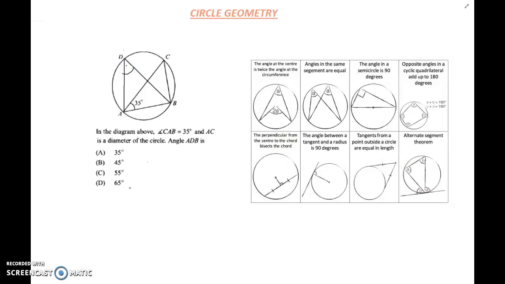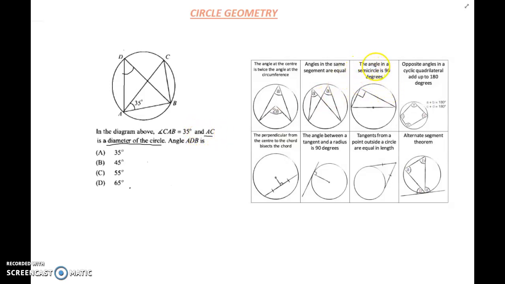Now, a very important thing that we should highlight from the statement that was given to us is that the diameter of the circle is AC. Once you hear that they give you the diameter, something must click in your head. What rule do we have that deals with diameter?